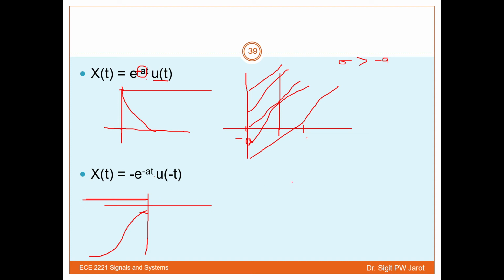So for the region of convergence, we know that the pole is here, minus a, which is the value of the eigenfunctions, and then it's this side, so we draw a vertical line and the region of convergence is this side.